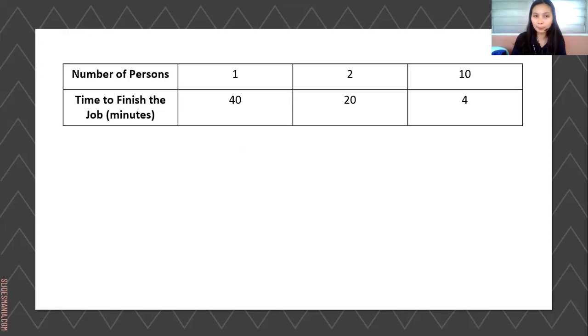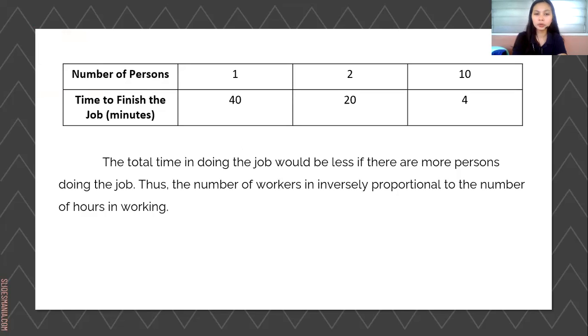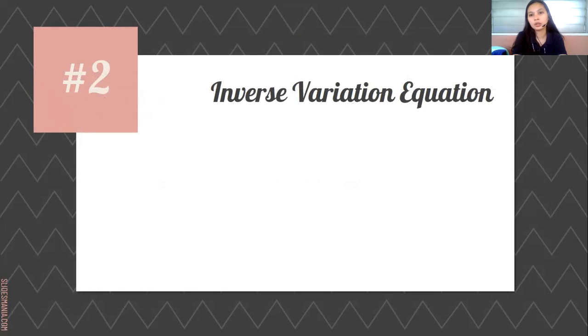Kaya kayo ginugrupo para mas mabilis niyo siyang matapos in just, sabihin nating 30 minutes, 20 minutes, 'di ba? Kasi kung mas marami kayo, yun po, mas less yung time ng mako-consume po ninyo. So that is an example of inverse variation po. So the total time in doing the job would be less if there are more persons doing the job. Thus, the number of workers is inversely proportional to the number of hours in working po.